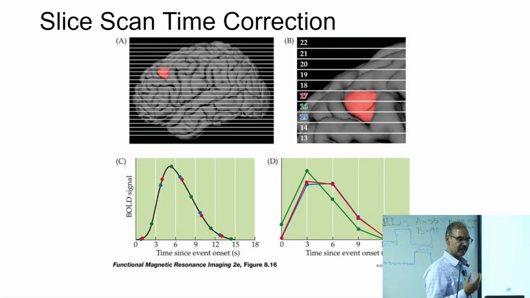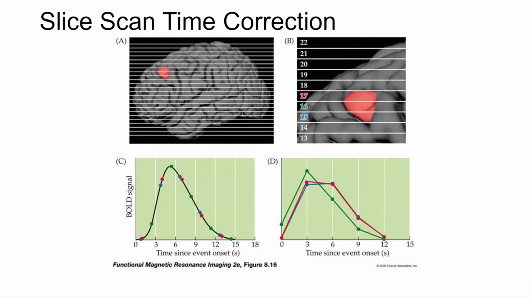Here is an example where they are showing time since event onset, with and without correction, how the signal would look.